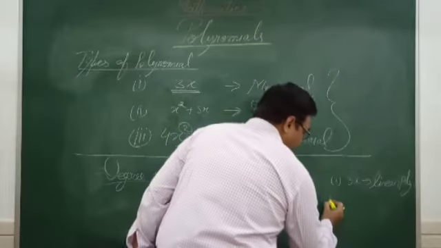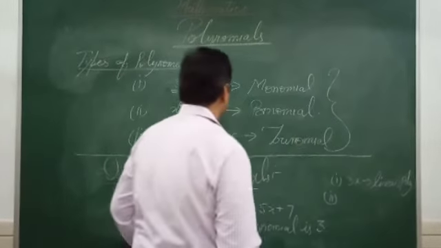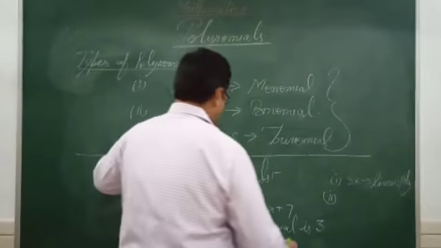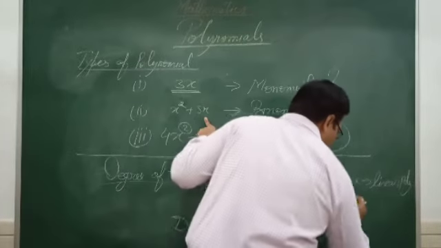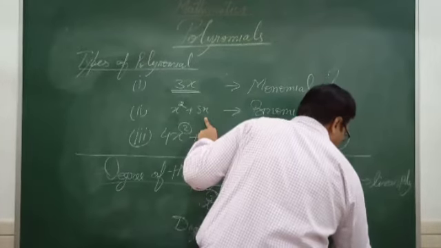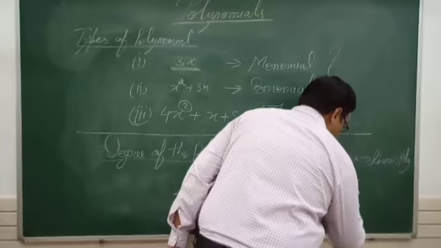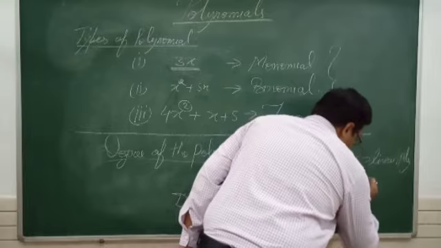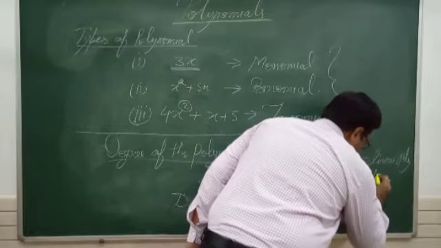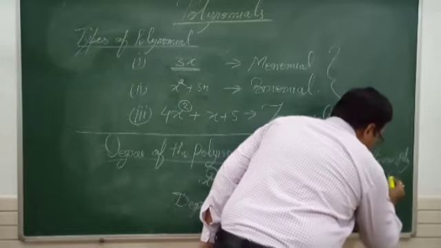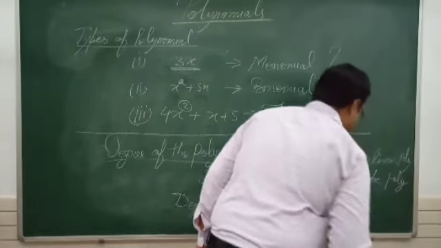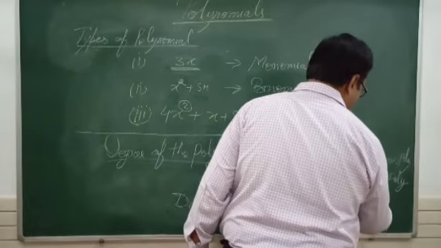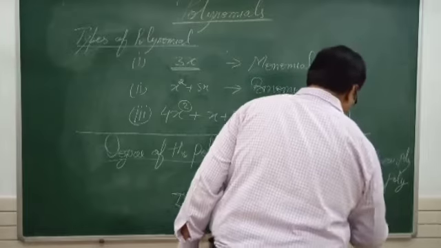The second category, like x square plus 5x, is known as a quadratic polynomial.